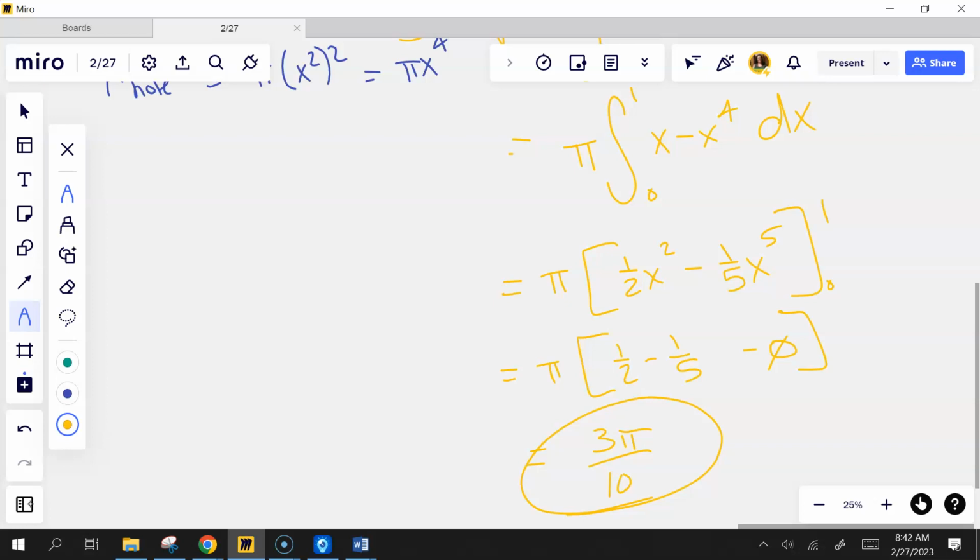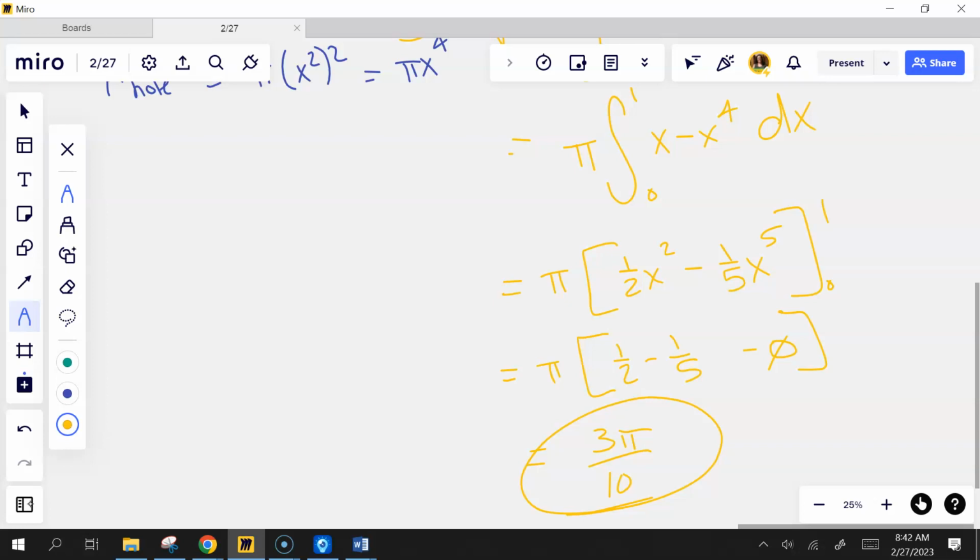This was kind of an easy one. Well, you're finding the area of the whole thing, and then you're subtracting out the area of the hole that's in the middle. You see what I'm saying?